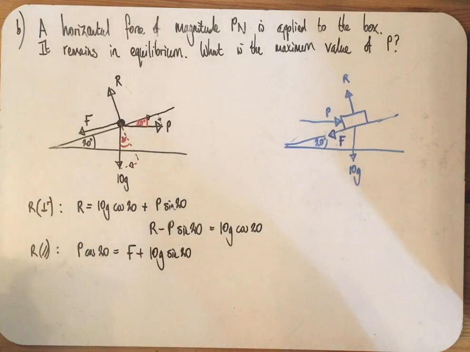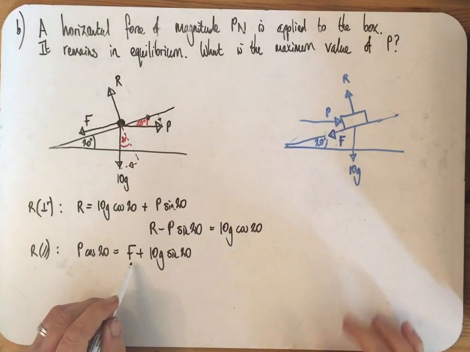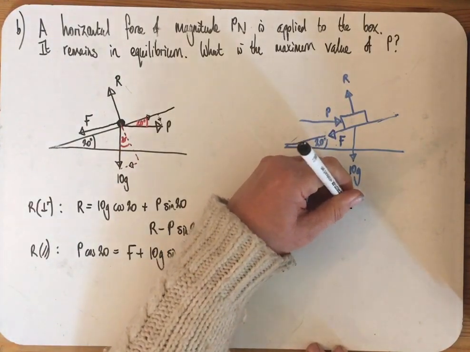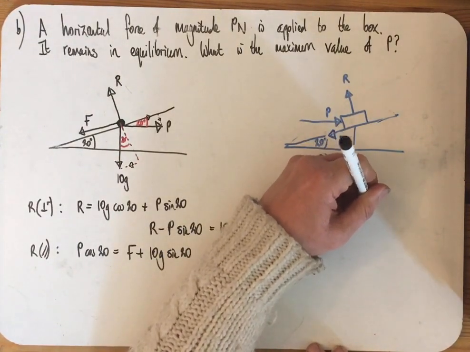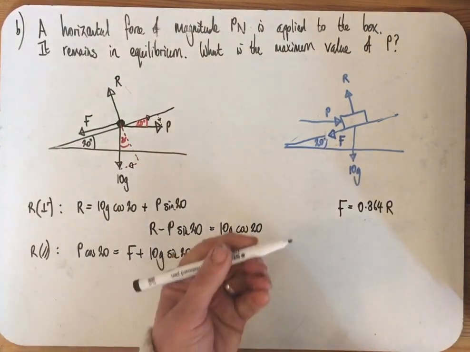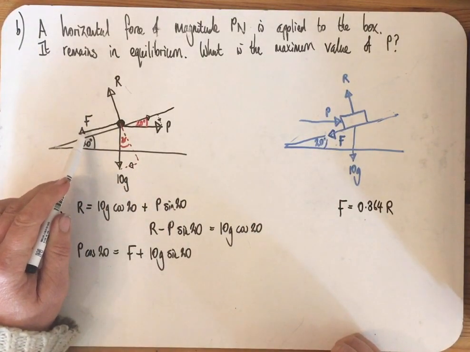So, we know from part A that F is equal to mu R, and we have the value of mu from part A. So F will be equal to 0.364 R, because if it's on the point of sliding up, this friction here will be at a maximum.